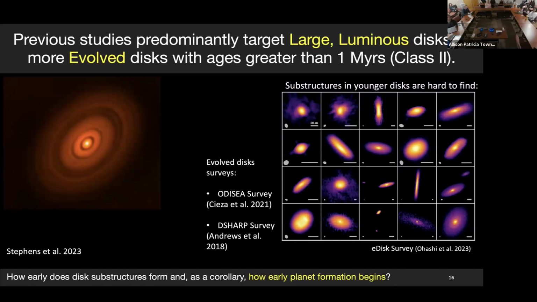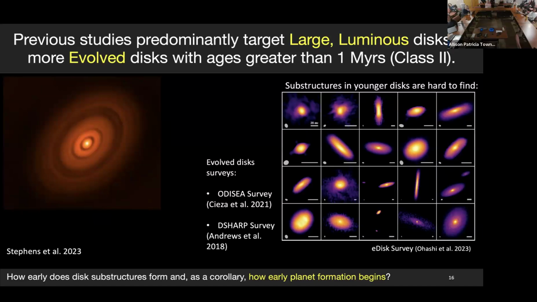For example, the famous DSHARP survey led by Sean Andrews, as well as the Odisea survey by Hsieh et al. in 2021. Recently, we have started to have big efforts trying to search for substructures in the youngest Class 0/1 disks. This was a large ALMA large program led by Nagayoshi Ohashi, the eDisk survey.